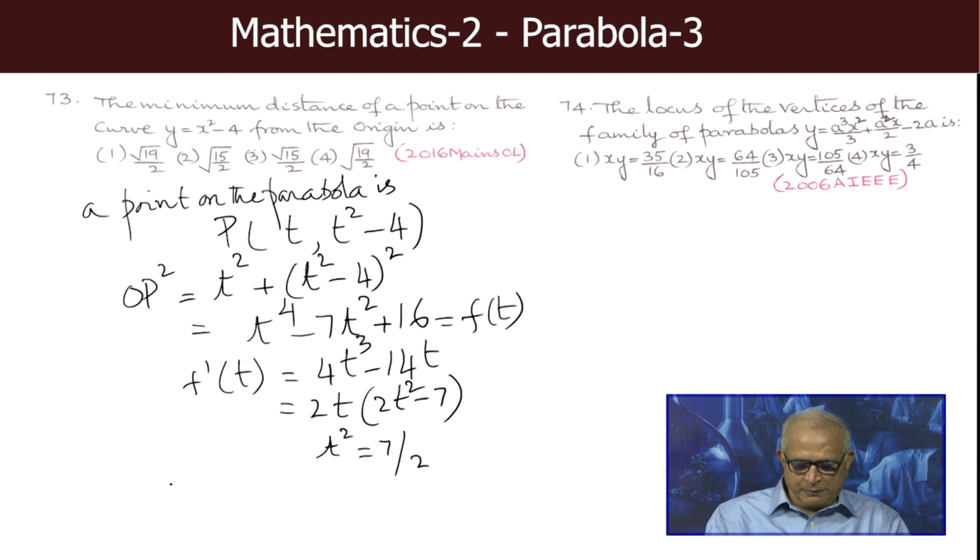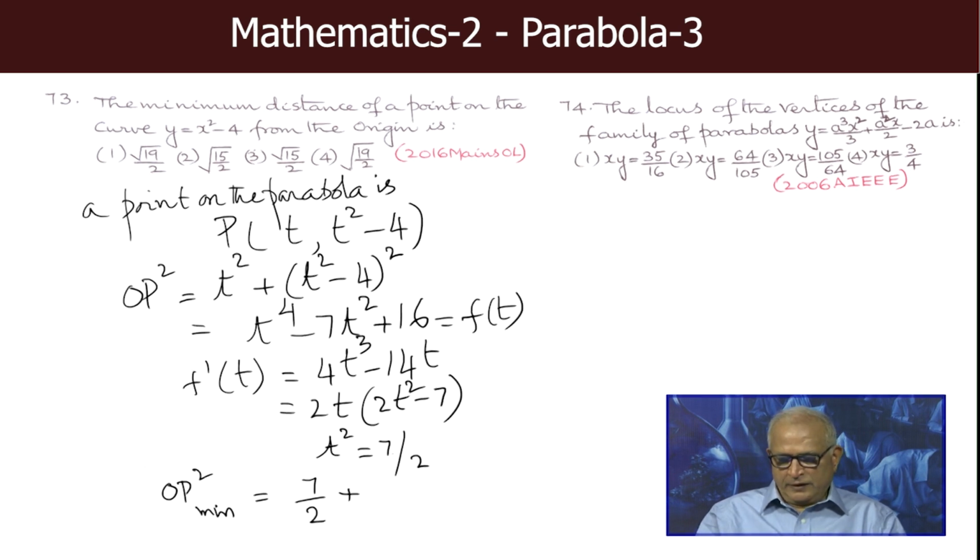So, OP square minimum is equal to t square, 7 by 2, plus 7 by 2 minus 4. What is 7 by 2 minus 4? Minus half.